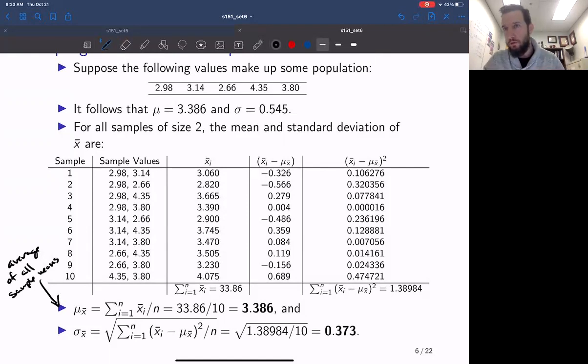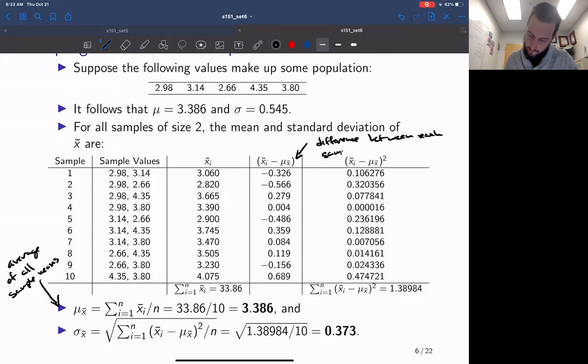Okay, now what I'm going to do is compute the standard deviation of the sample means. So I'm going to take each sample mean, I'm going to subtract the average of all of the means. So that's what's happening here: the difference between each sample mean and the average of all means.